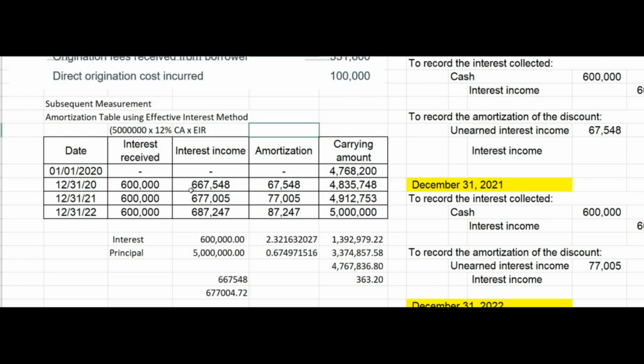Your answer would be 667,548, our total effective interest. So, what are the components of that? First, the nominal interest on 600,000 plus your amortization of 67,548. Okay? So, let's proceed to the entries.